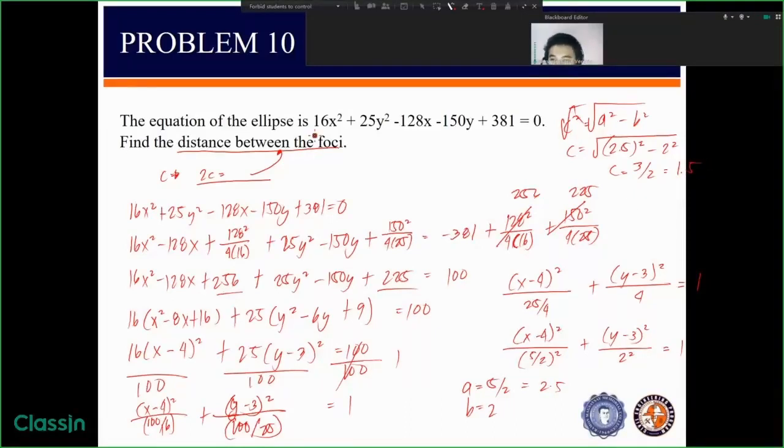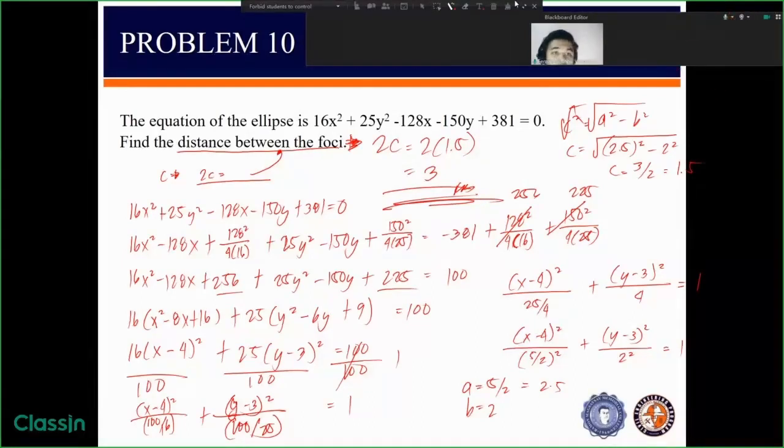Therefore, the distance between the foci, which is equal to 2c, will be 2 multiplied by 1.5. Therefore, this is 3. So this is our answer for problem number 10.